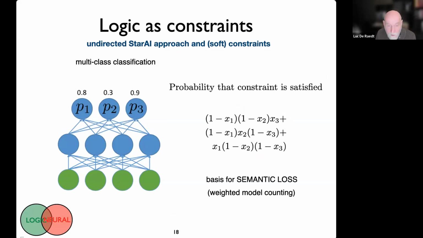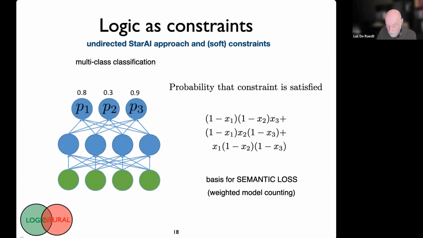And what you can then do is use the values that are in there and interpret these as probabilities. And with these, you can compute the probability that the constraint is satisfied. And that's a simple manipulation. It's basically what you get there. You get this sum of products.